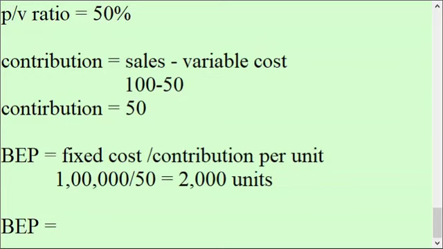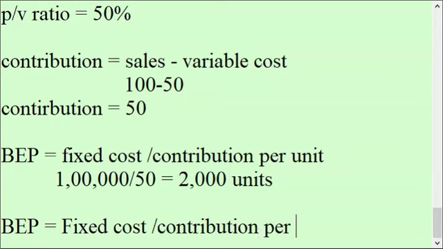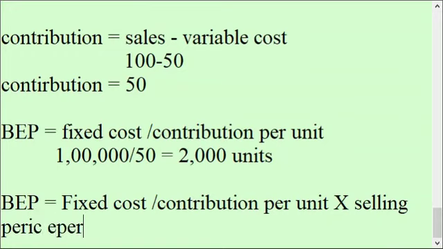So BEP is equal to fixed cost divided by contribution per unit into selling price per unit.